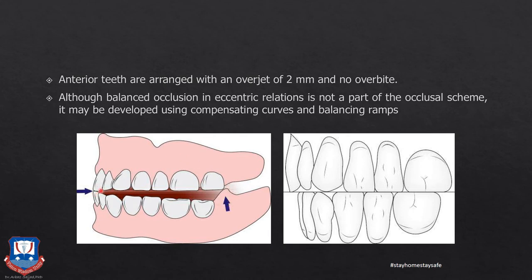This will create a sort of balanced relationship of the upper and lower dentures in relation to the monoplane teeth. Another way of improving balanced occlusion in a monoplane occlusal scheme is to reduce the number of teeth, that is, by eliminating the second molar or by reducing the anteroposterior occlusal table.